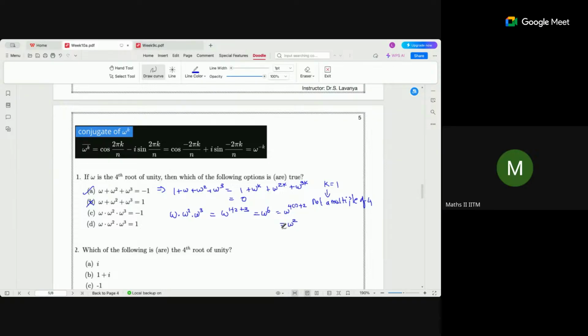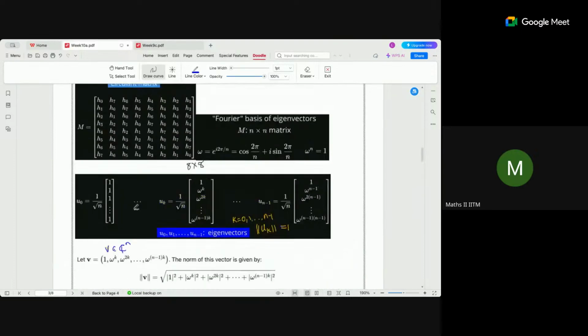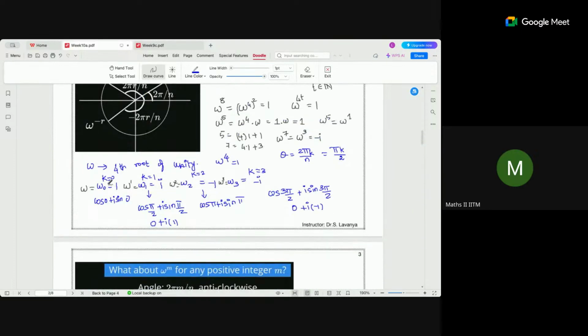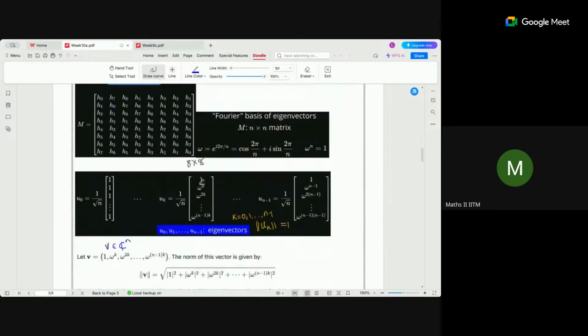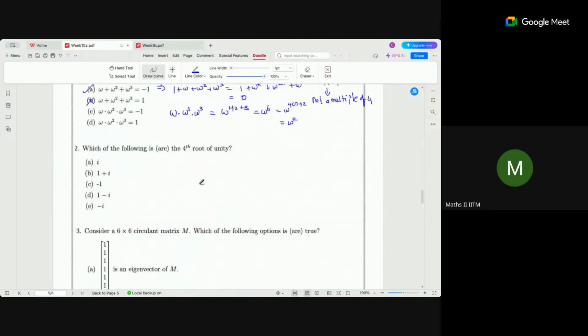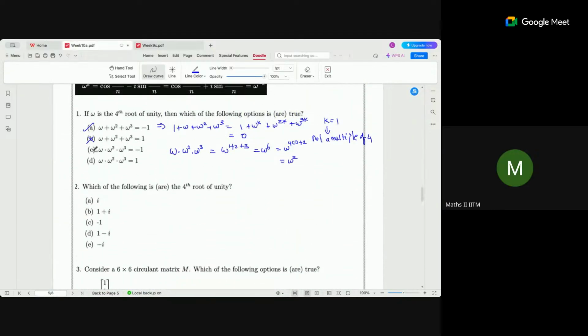What is omega squared for the fourth root of unity? We have already written what the fourth root of unity is somewhere. So omega square should be minus 1. So option C is correct and D is incorrect. Is it clear? Okay.